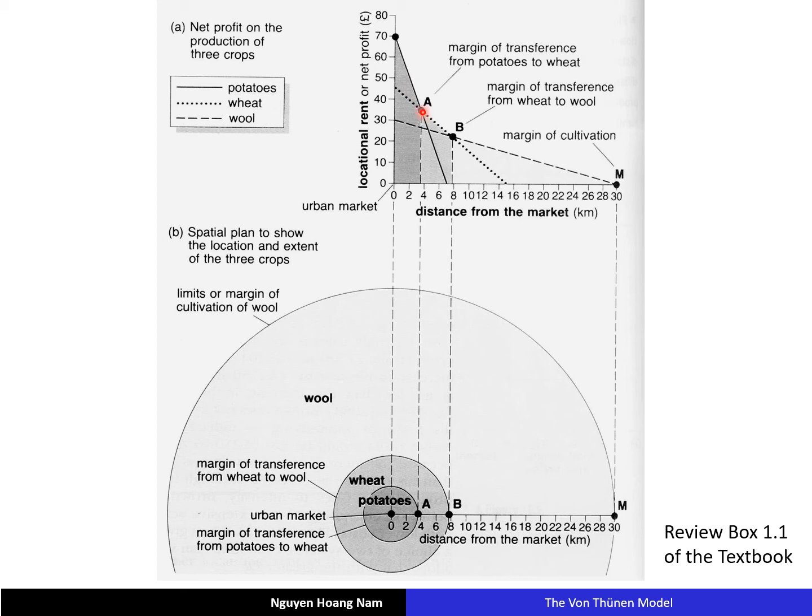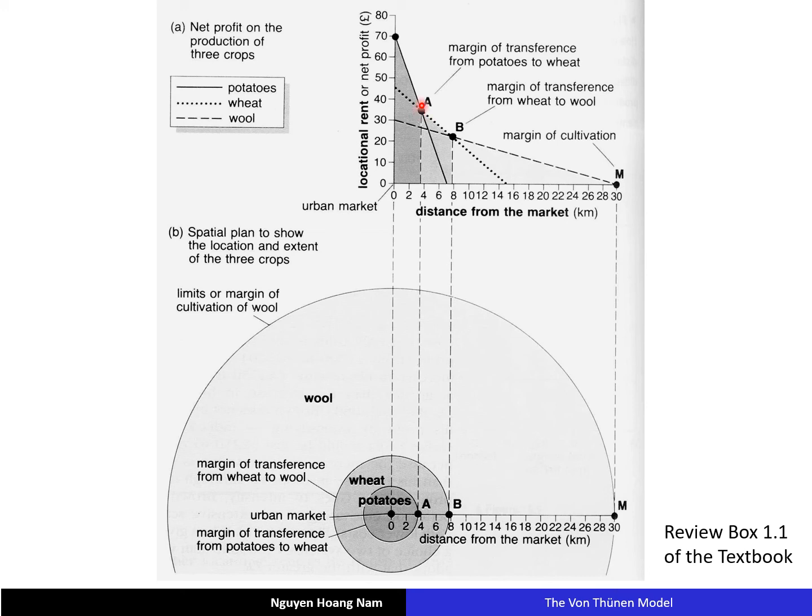But because location range reduces with the increase of distance, this is sloping downward until A, when the location range line of potatoes cuts or intersects with the location range of wheat. This is the location range of wheat, or sometimes it is called the wheat curve. The intersection is where everything changes.